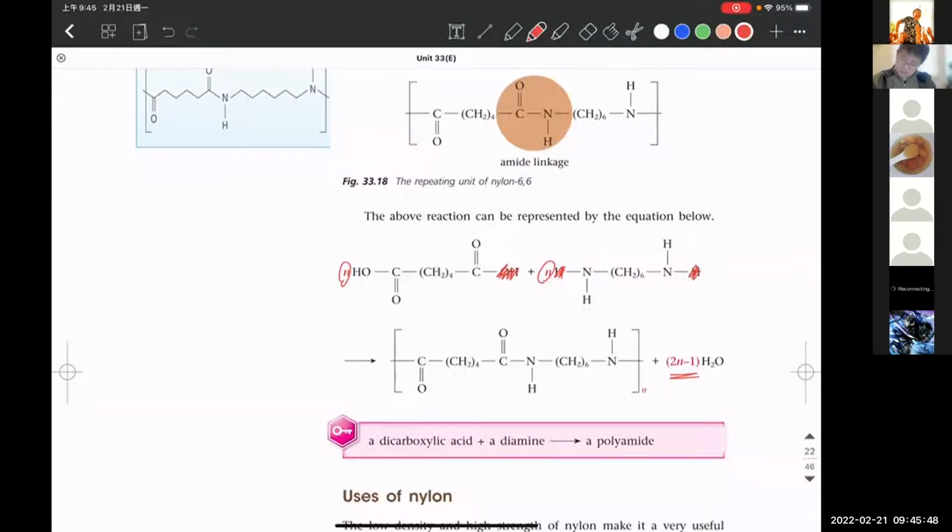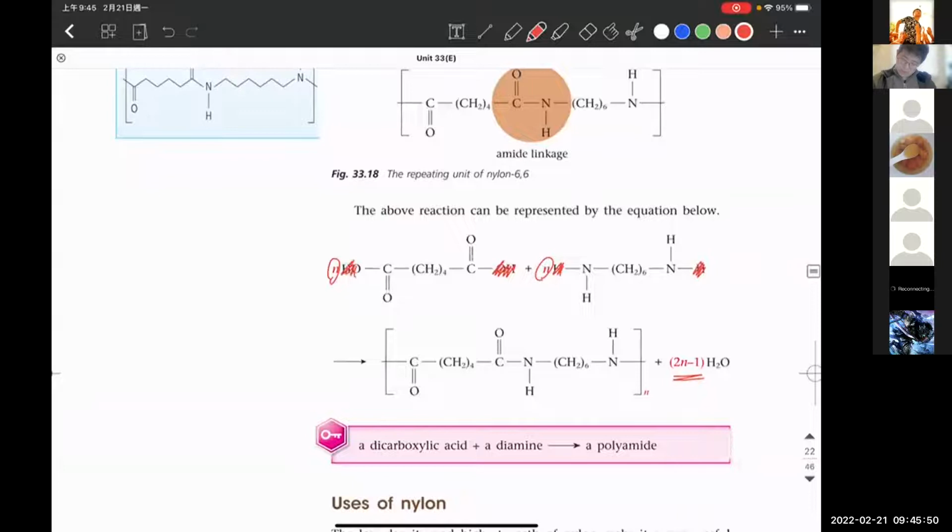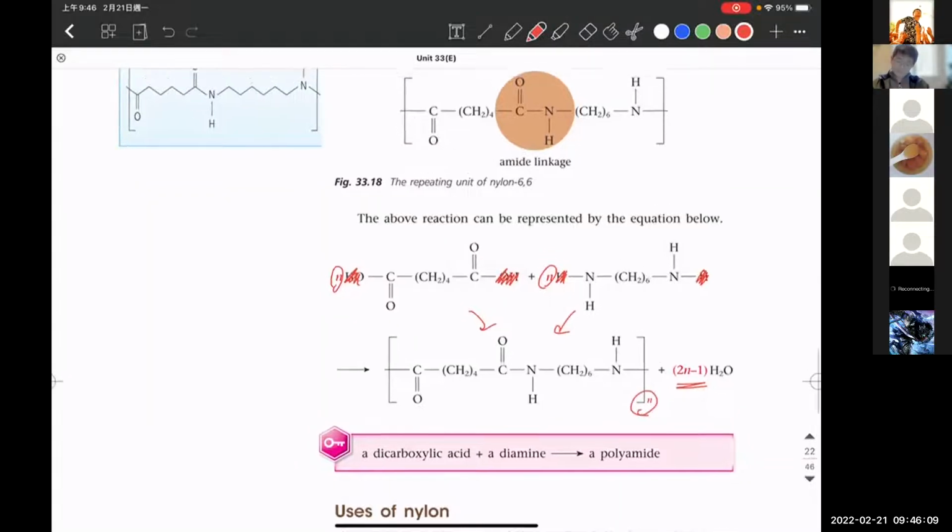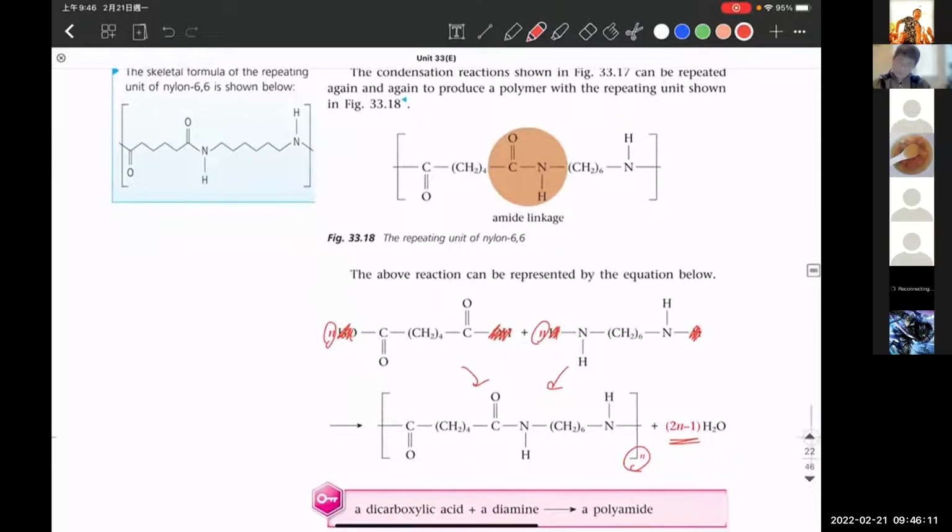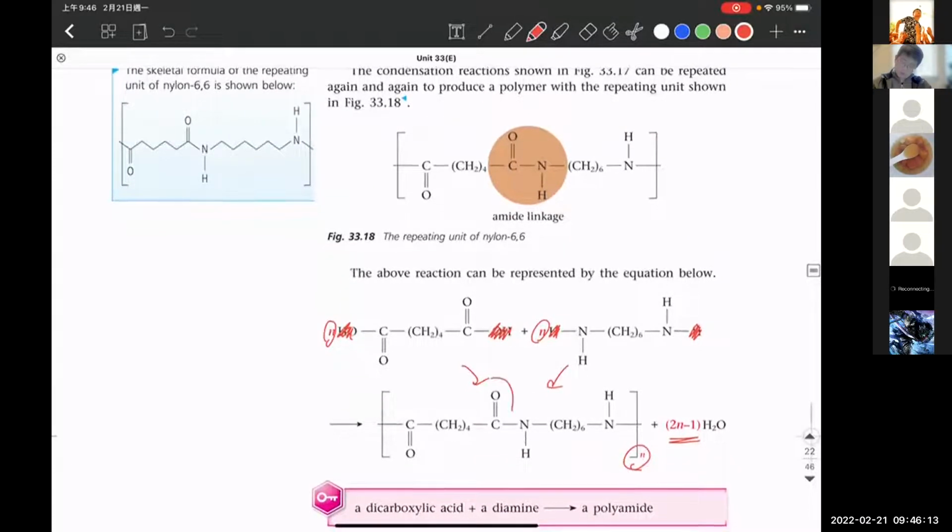You do this similarly, and you combine the two so that you can get this structure. Remember, put an n here. With n, it is a structure of polymer. Without n, it is just a repeating unit. The amide linkage is found here.